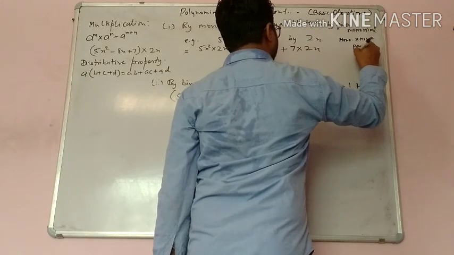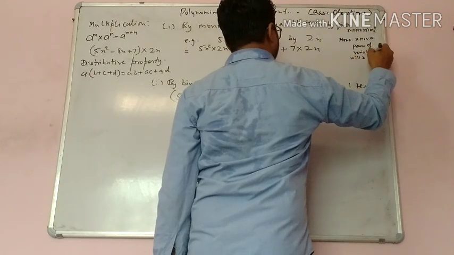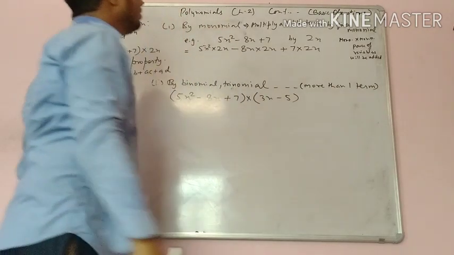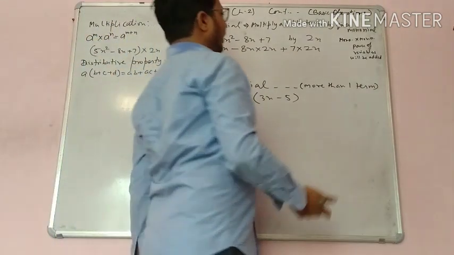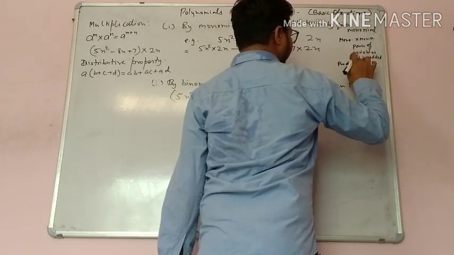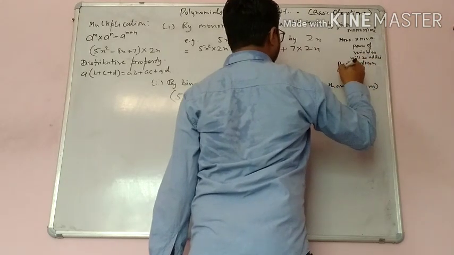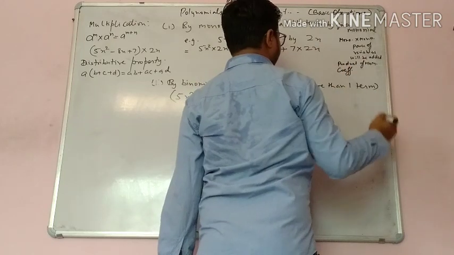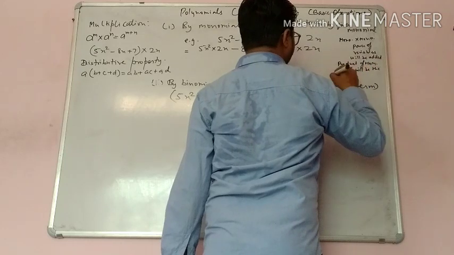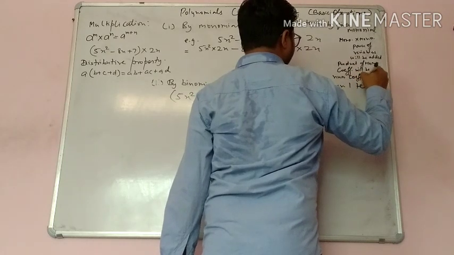What will the powers become? They will be added, and the product of numerical coefficients will be the numerical coefficient of the product.